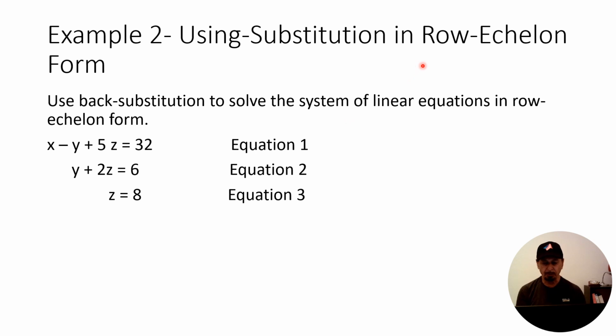Example 2. Use back substitution to solve this system of linear equations in row echelon form. So we have a first equation x minus 5y plus 5z is equal to 32, y plus 2z is equal to 6, and z is equal to 8. So we're going to start with the last equation.